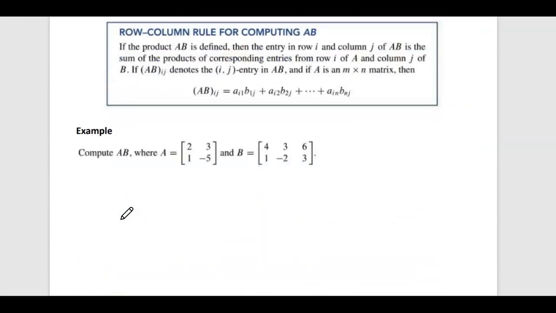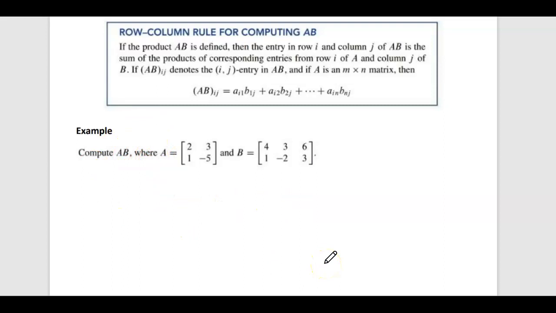Okay, so how we are going to do this, we did this a little bit before, but what you're going to do is multiply each row by the associated column, and there's this IJ notation that is used when we do so, but I want to show you how to do that here in this example.